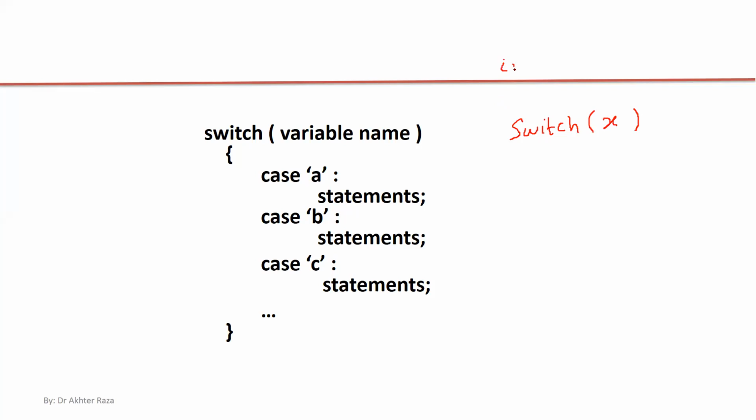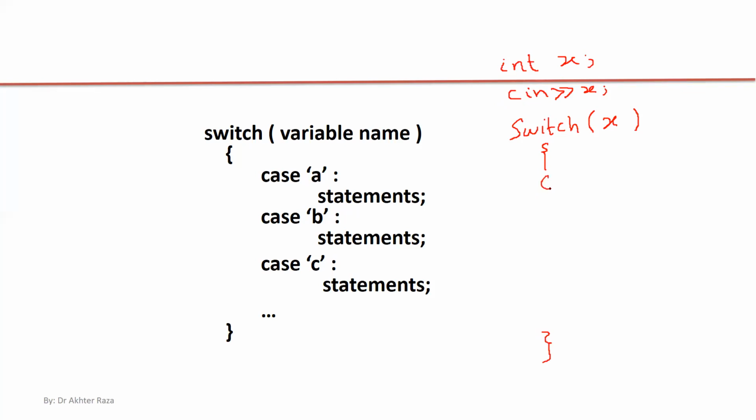I am defining an integer variable here, int x. Then I have a simple statement, cin x. The user has to input a value in the variable x. If the value of x is 1, then the action will be performed accordingly.